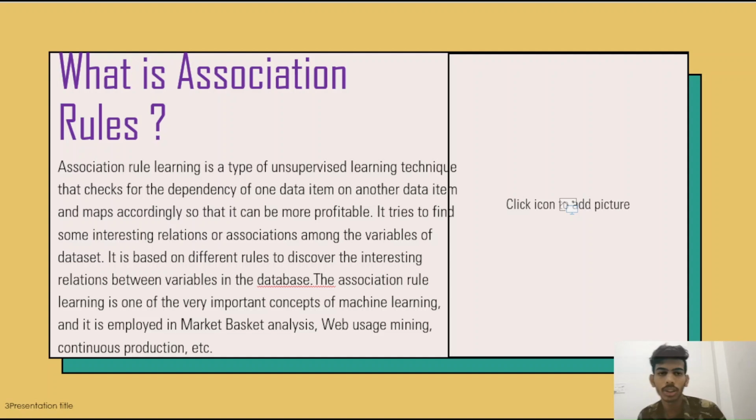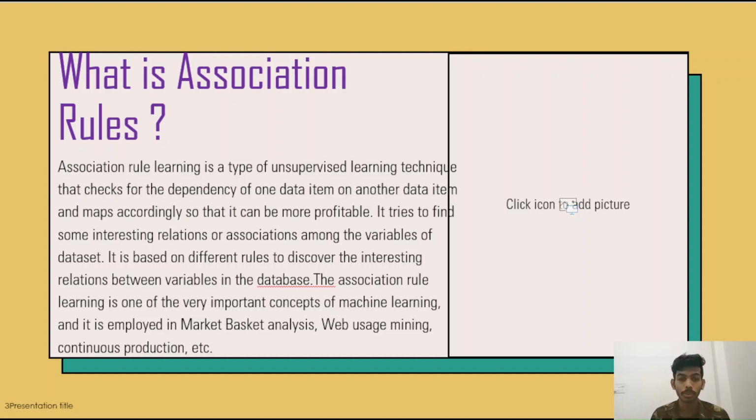So what is association rule? Association rule learning is a type of unsupervised learning technique that checks the codependency of one data item on another data item and matches accordingly so that it can be more profitable. It tries to find interesting relationships or associations among the various items of a database.